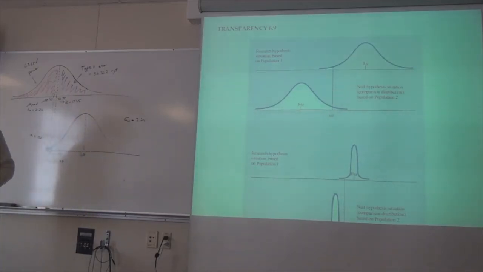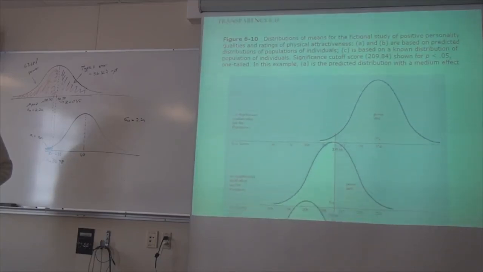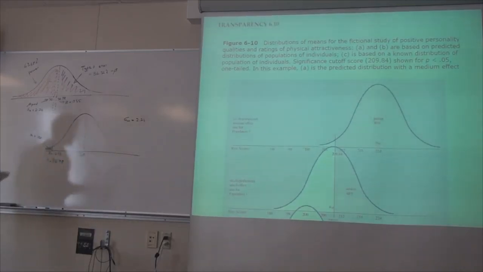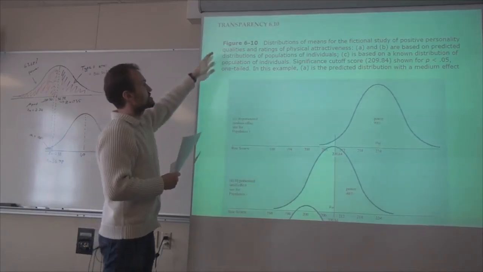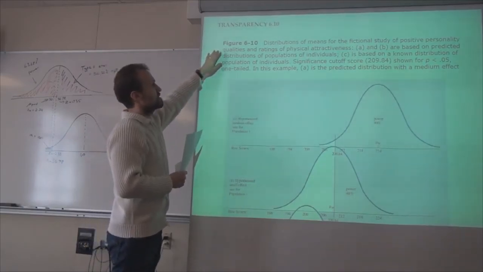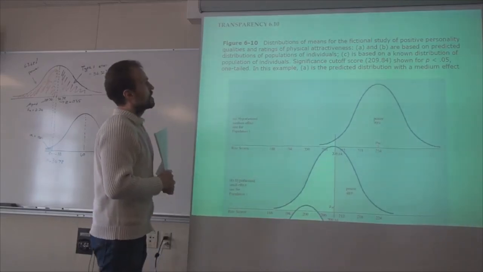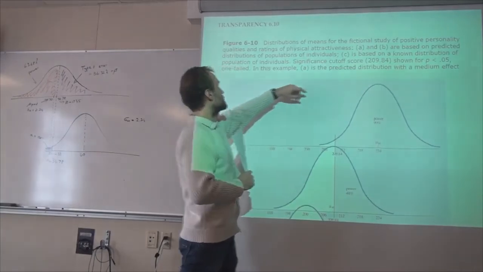The other one is the sample size itself. So if I look at this, for example, the distribution of means, the personality and the attractiveness example again. Null distribution, significance cutoff for 5% alpha.